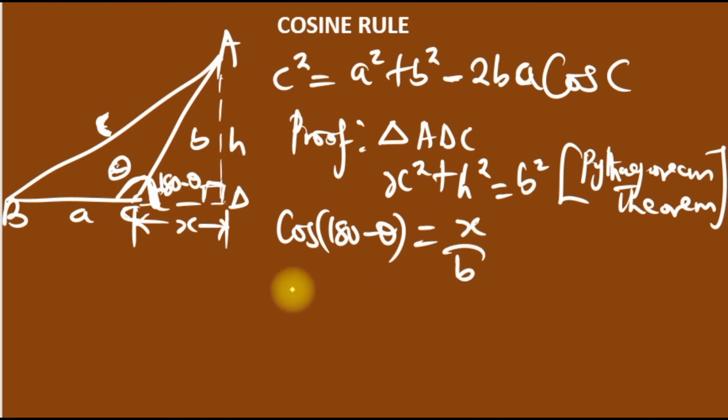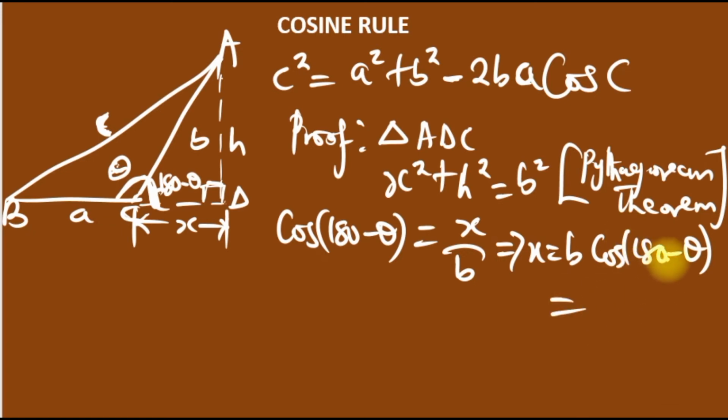Which implies that if you make x the subject of formula, x is now b cos of 180 minus theta. But you know 180 minus theta means second quadrant, and cos is negative, so we can write cos of 180 minus theta as minus cos theta. So we have minus b cos theta. That's from trigonometry: cos of 180 minus theta is minus cos theta.